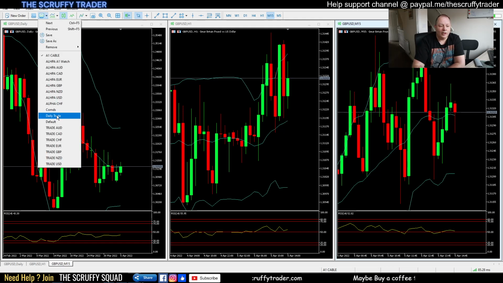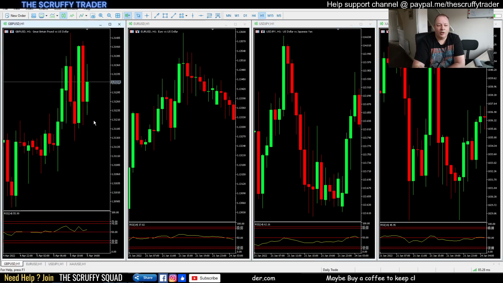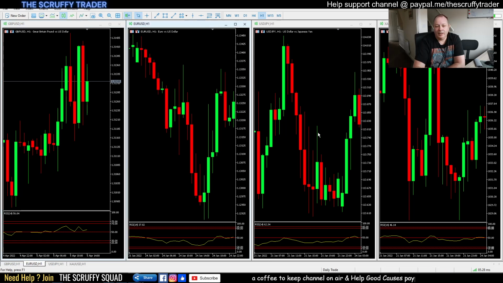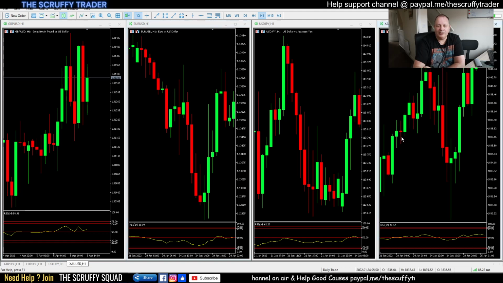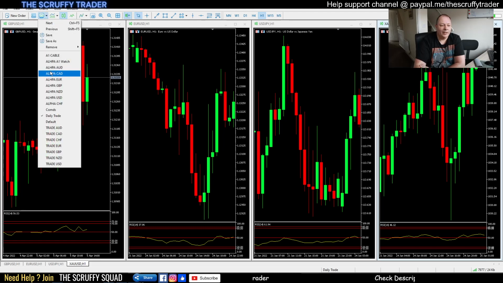I'm also looking for correlation against other products, which is why I have these ones here, because I want to see what the pound and euro dollar are doing. Look at the US JPY and then what its effect is with gold, because they are all correlated together in one way or another. And these are the markets that I'm interested in, these two. So this is kind of a correlation sheet.